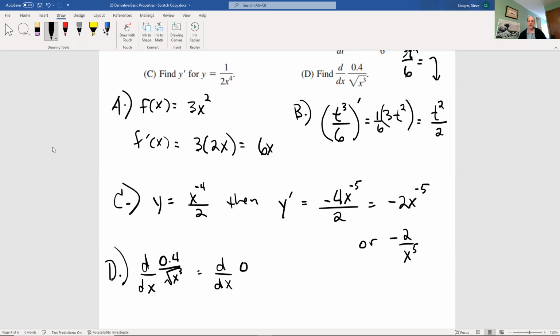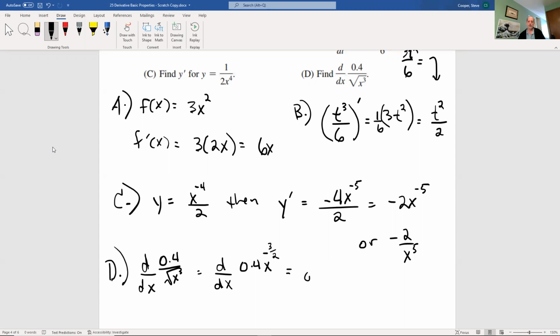So I'm going to make that 0.4 times x, and since it's a denominator, it has to be a negative 1/3, or I'm sorry, 2/3. I'm sorry, 3/2. Okay, so this is x to the 3/2, so that would be negative 3/2. Okay. All right, so my exponent is negative 3/2.